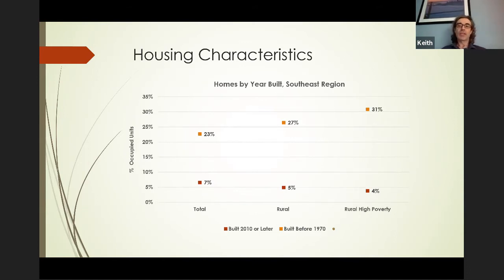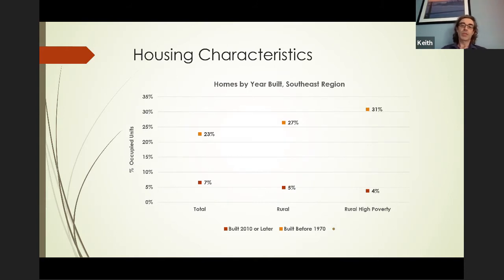The last two slides that I have any figures on: the first is one I like to show. It's the good census data on homes by year built. You can see the total for the entire Southeast region, the rural part, and the rural high poverty part. What I show is that homes built since 2010 or later in the rural high poverty census tracts are only 4% compared to 7% overall.